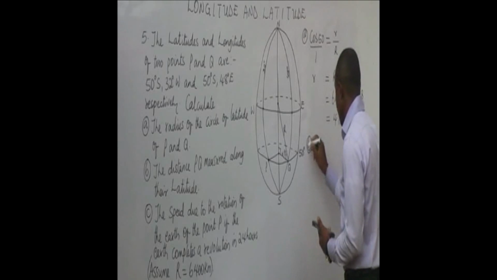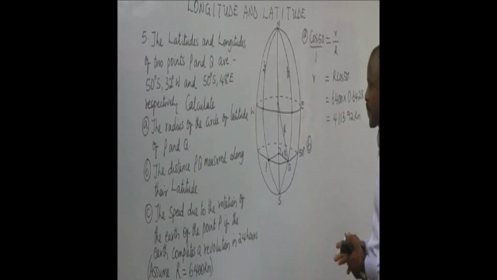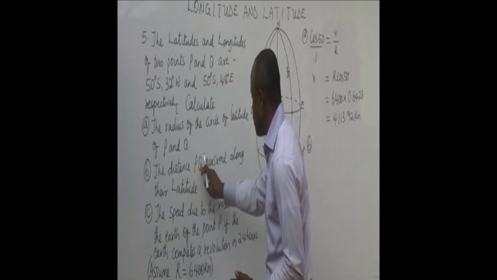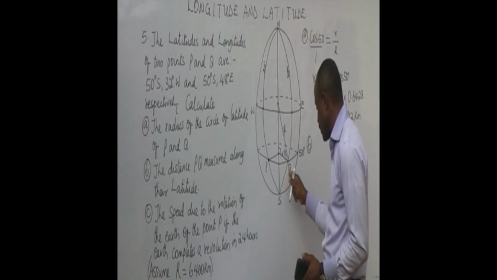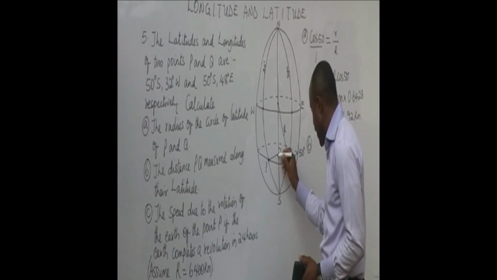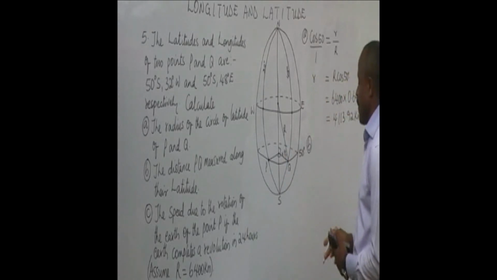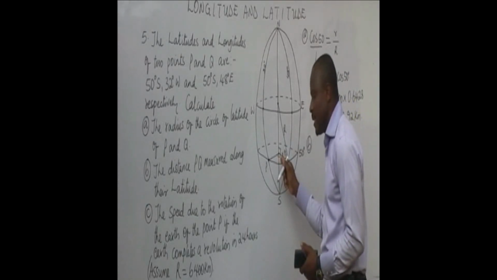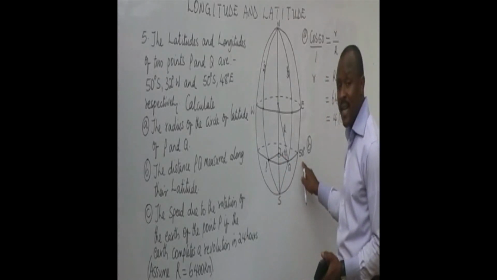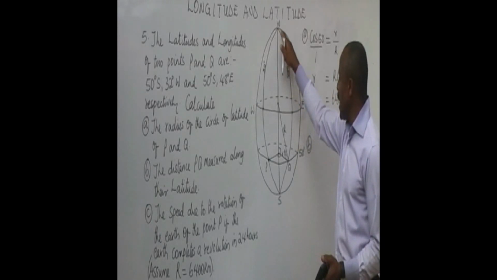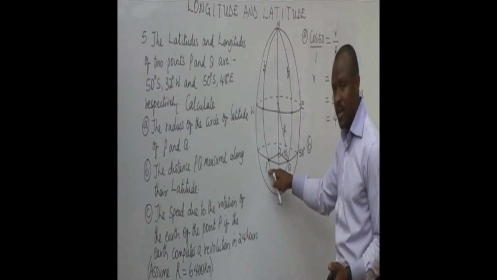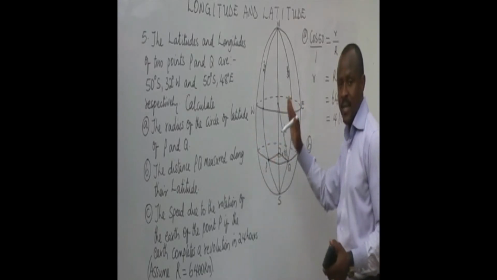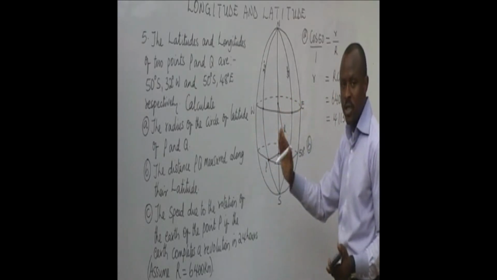Question number B. Let's see if this space will be enough for question number B. It says we should calculate the distance PQ measured along their latitude. This PQ subtends an angle here, and this angle is not the angle of the latitude, but the angle you get by adding the line of longitude of Q and the line of longitude of P, because they are in different positions.